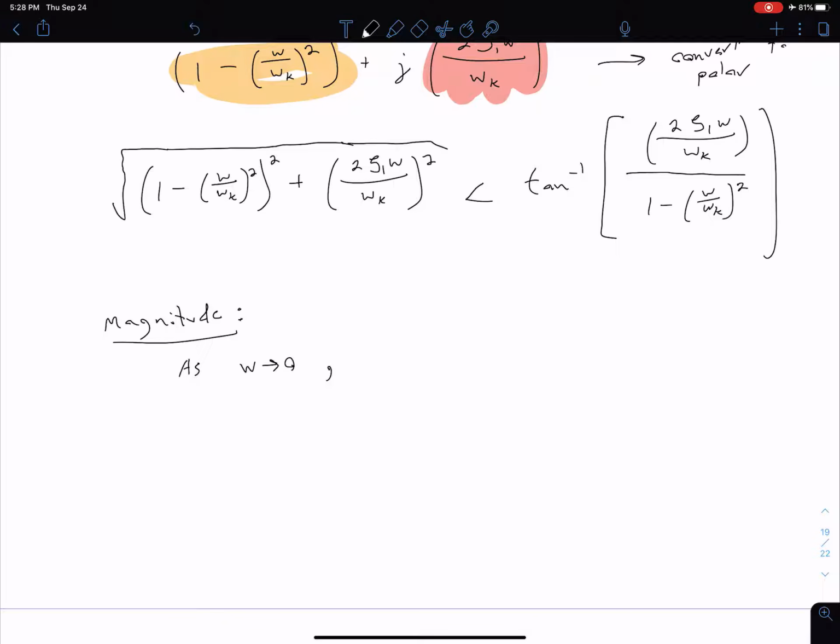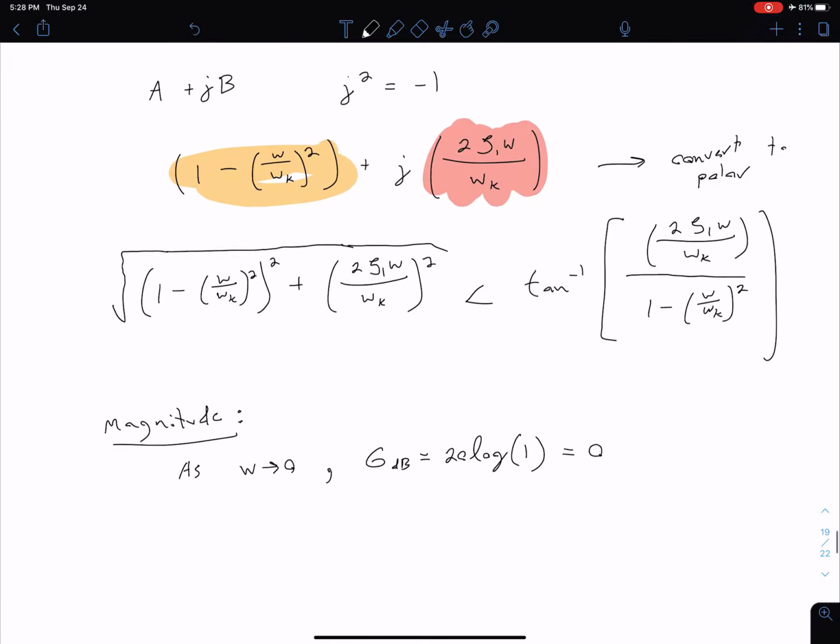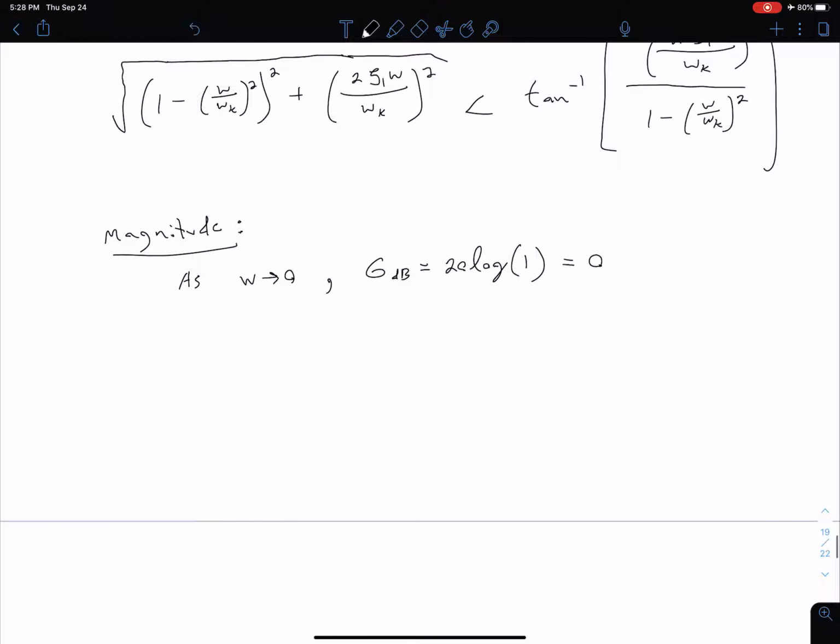So our gain in decibels is equal to 20 log of 1, which is equal to 0. So we have a data point there: for low values, we're going to have 0. We'll update those plots in a little bit.